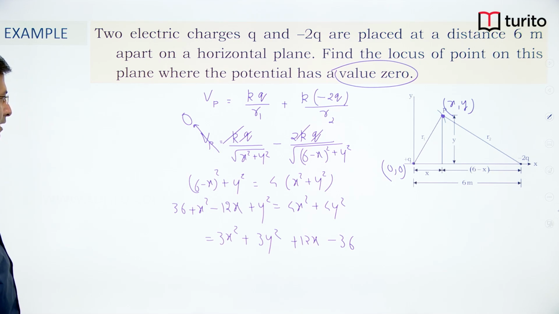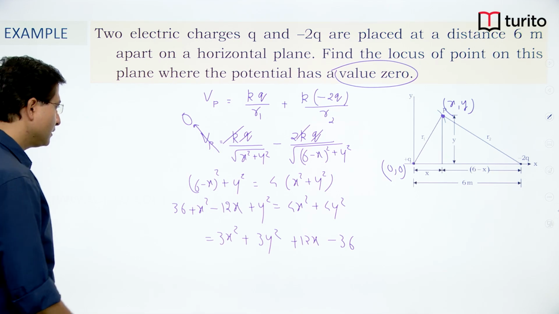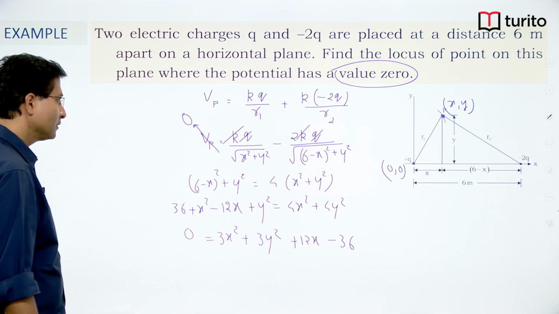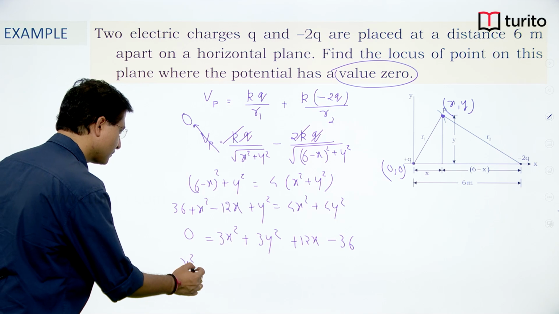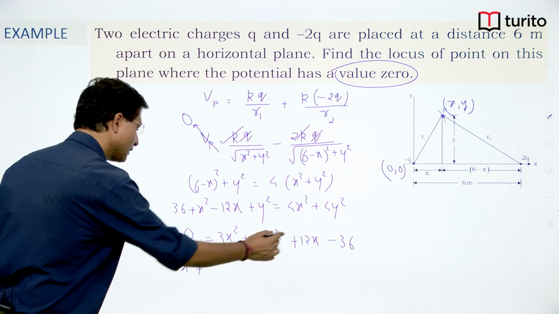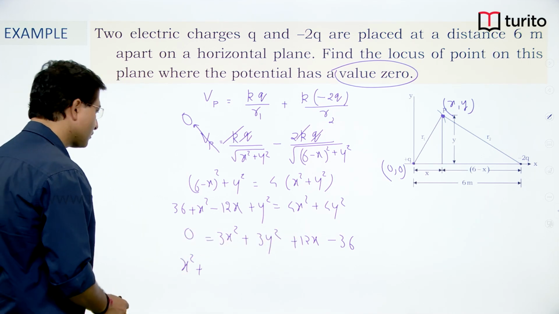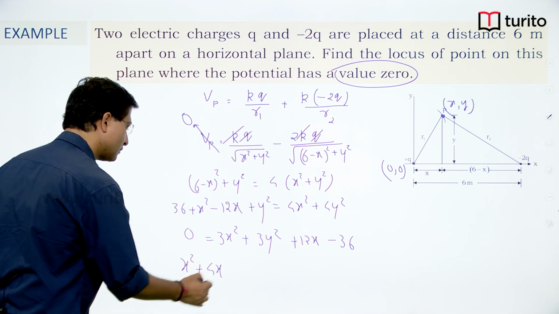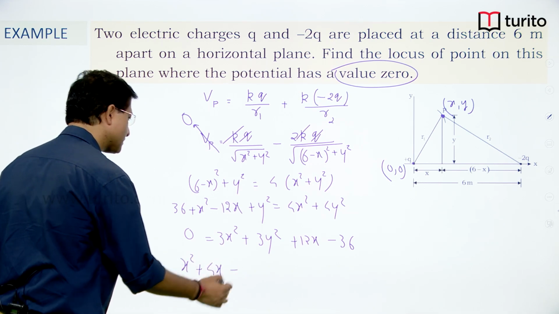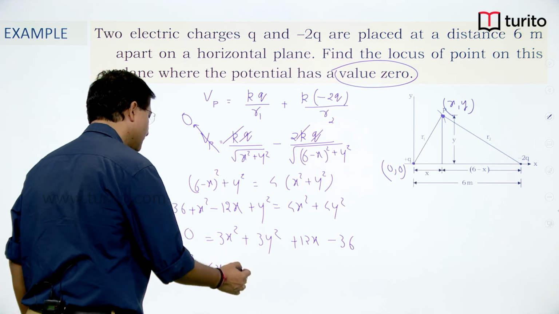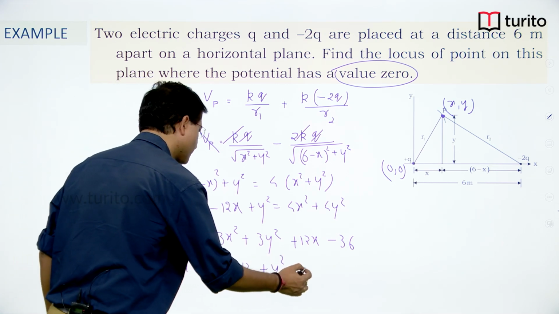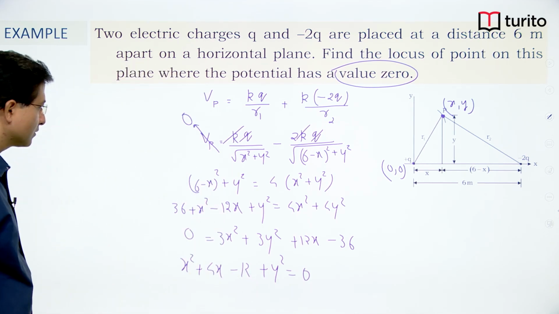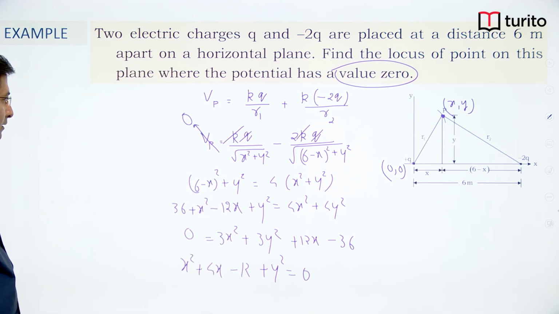Right. And if I divide the whole equation by 3, then I will get x square plus, taking these terms to this side, this will be 4x minus 12, since we are dividing by 3, plus y square is equal to 0, right.